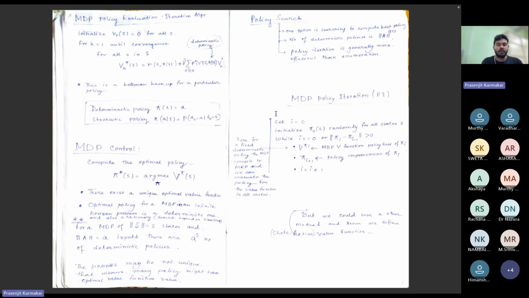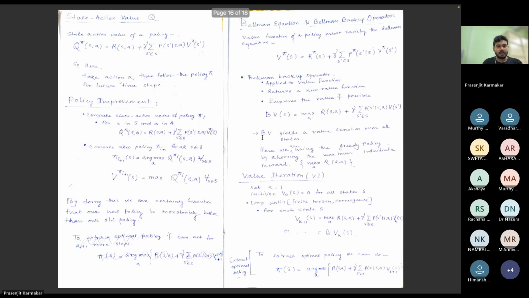We can actually do it in two ways. One is policy iteration and the other is value iteration. Value iteration is actually more efficient, so you'll go directly to value iteration.